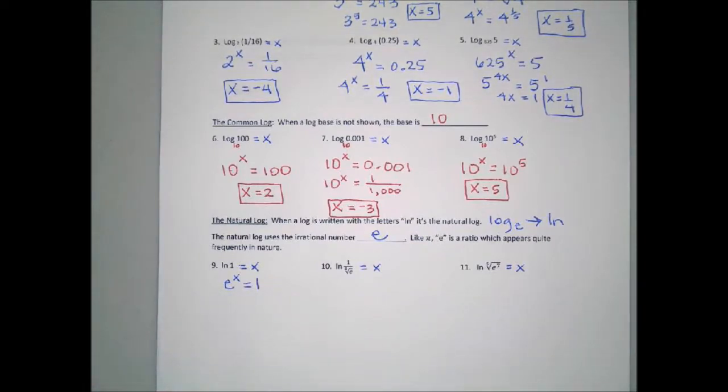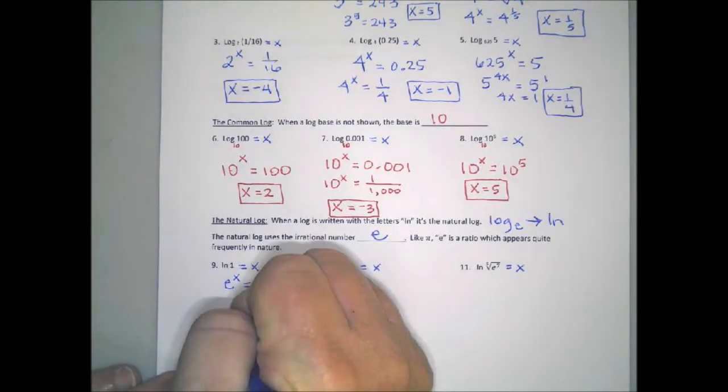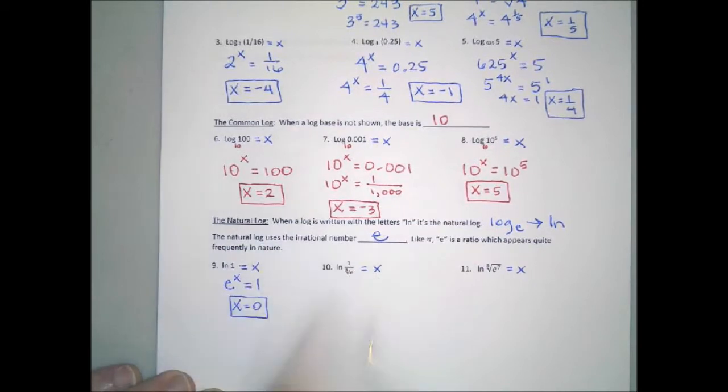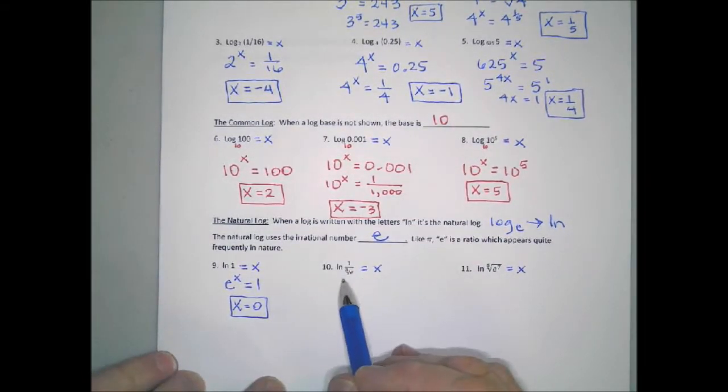So now I'm just using that special rule that anything in power form, if you want it to equal 1, doesn't matter what the base is, any base raised to a power of 0 equals 1, so x must equal 0.